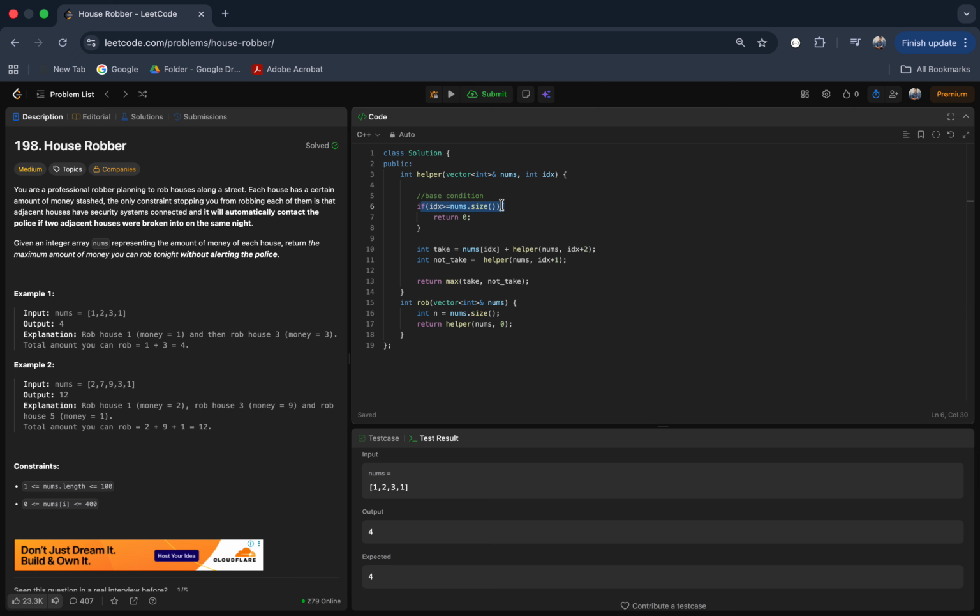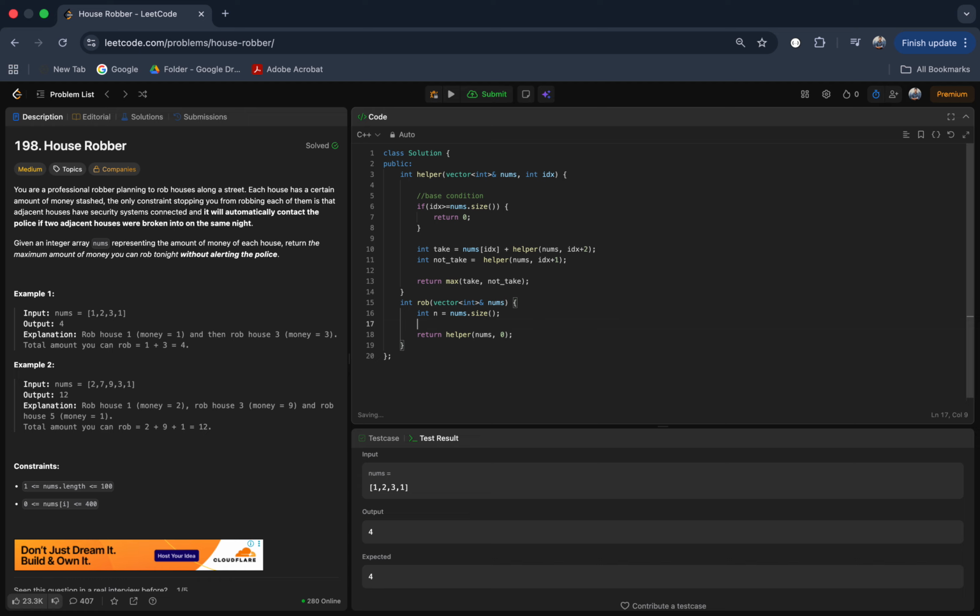So it will be 2 to the power of n, which is exponential, which is not acceptable.